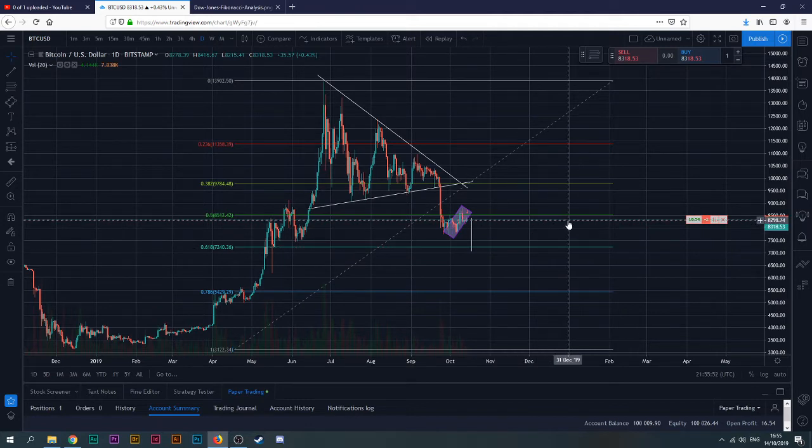So the current market, and I have one contract because the current price of Bitcoin is $8,335. 5% of that is about, I think, $170,000. So I have a virtual $100,000 account.